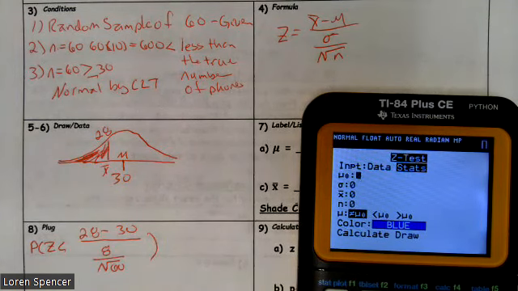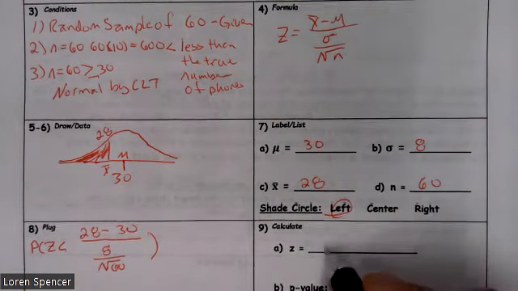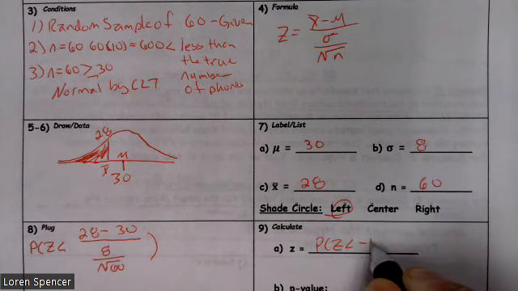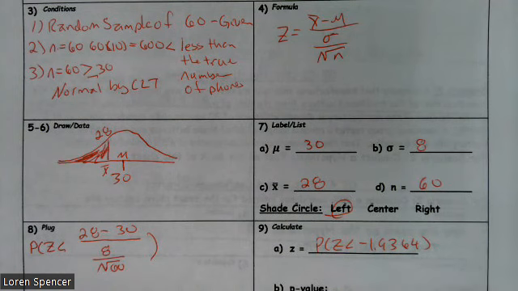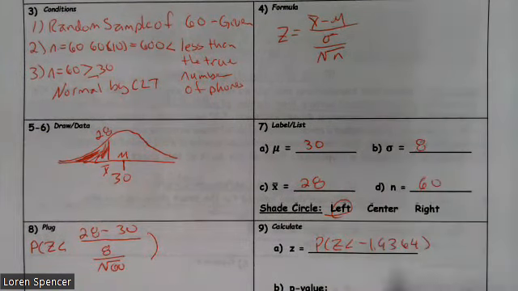Stats is highlighted. Mean is 30, standard deviation is 8, X bar is 28, n is 60, and we need a less than. And we end up getting the probability that Z is less than negative 1.9364, and that probability is 0.0264.